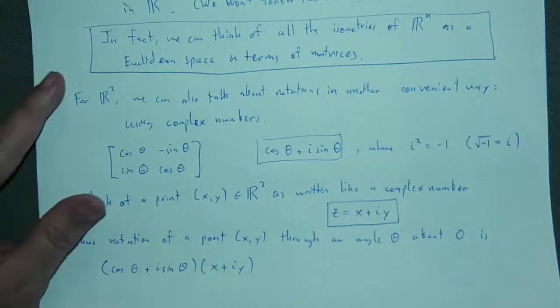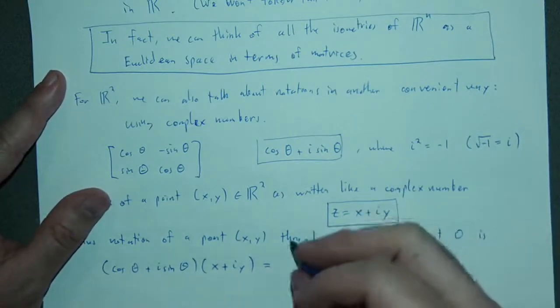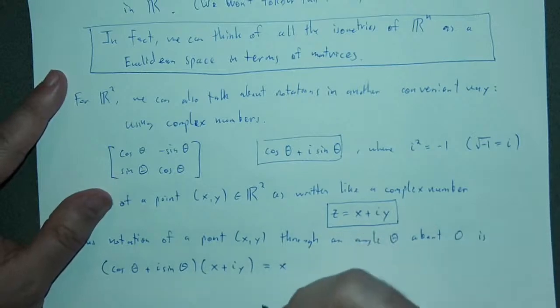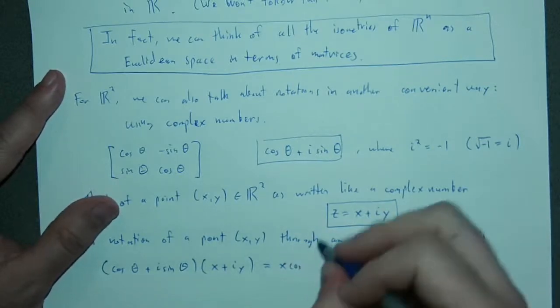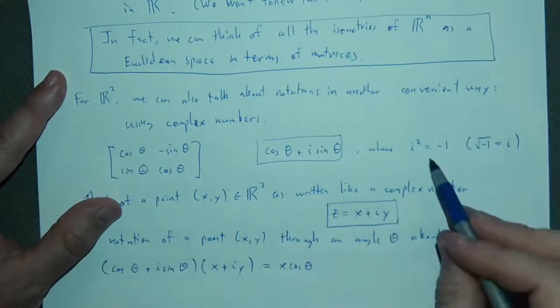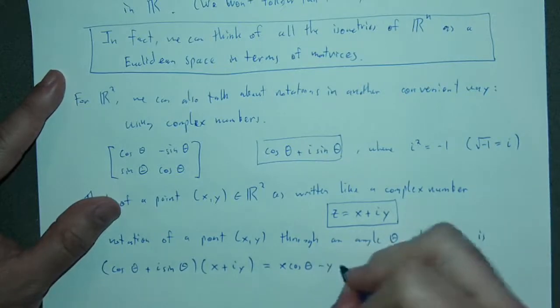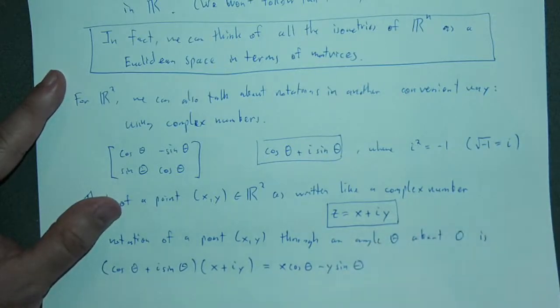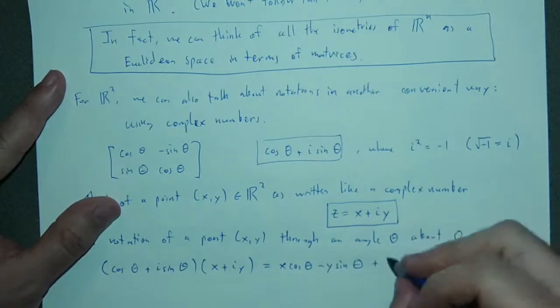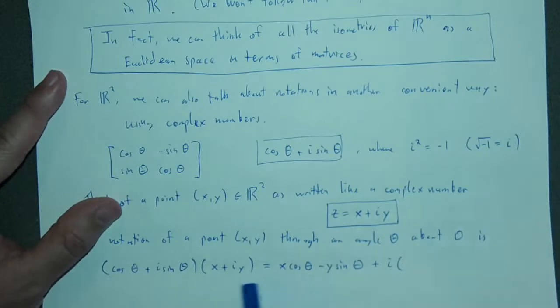Okay. What do I get? When I multiply this, I have x times cosine theta, here I would have I y times I sine theta, and I times I is minus 1. So I would have minus y times sine theta, right, plus I times everything else here that I'm going to get.